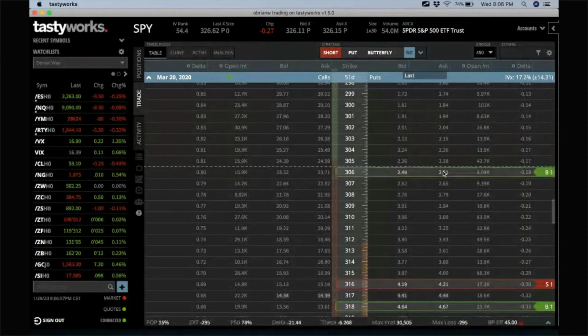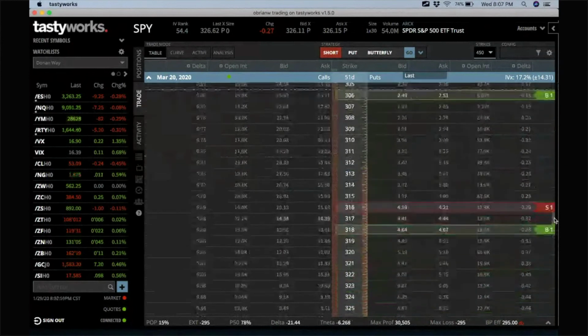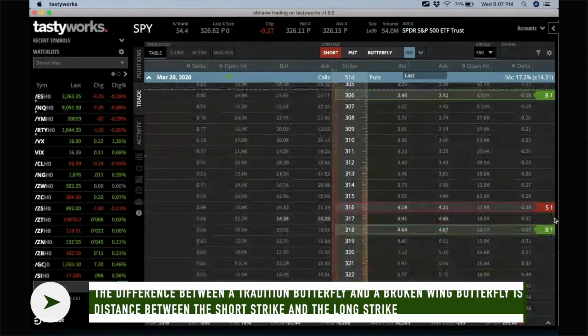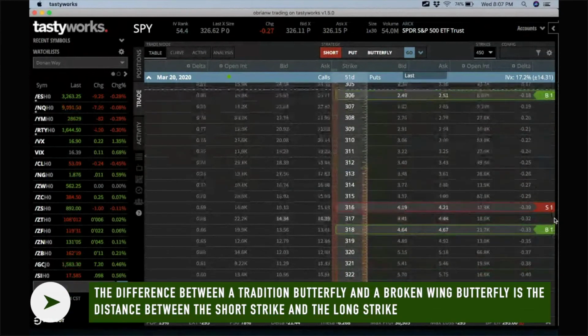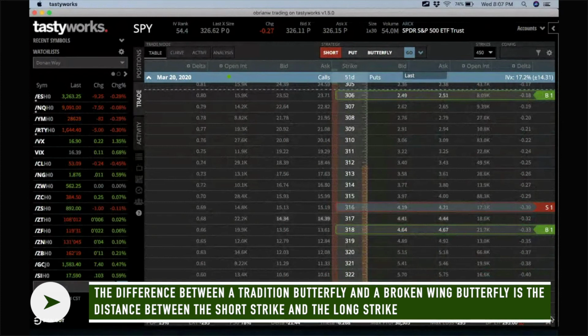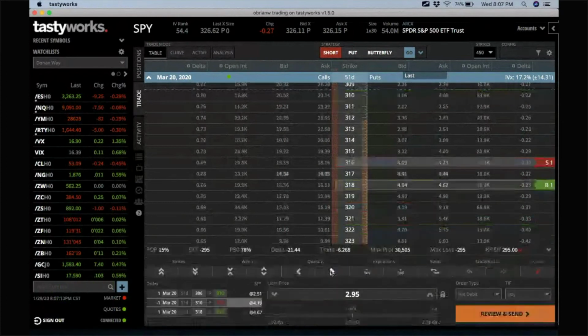When you're buying, once again, you click on the ask, and this is what is called a broken wing butterfly. In a traditional butterfly, the distances are the same. This distance has changed dramatically from this short strike to this long strike here. So let's change that to 2 here, and let's look at the mechanics.